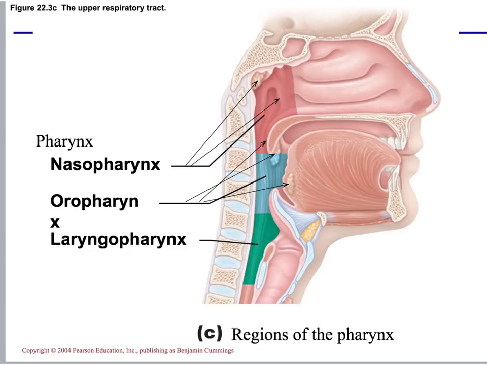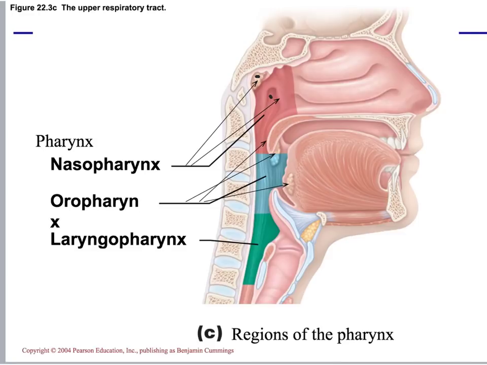There are three distinct regions to the pharynx. We have the nasopharynx. Components of the nasopharynx are our tonsils right about there, the adenoids over there, and also the opening of the pharyngotympanic tube. This blue section that you could see is called the oropharynx.